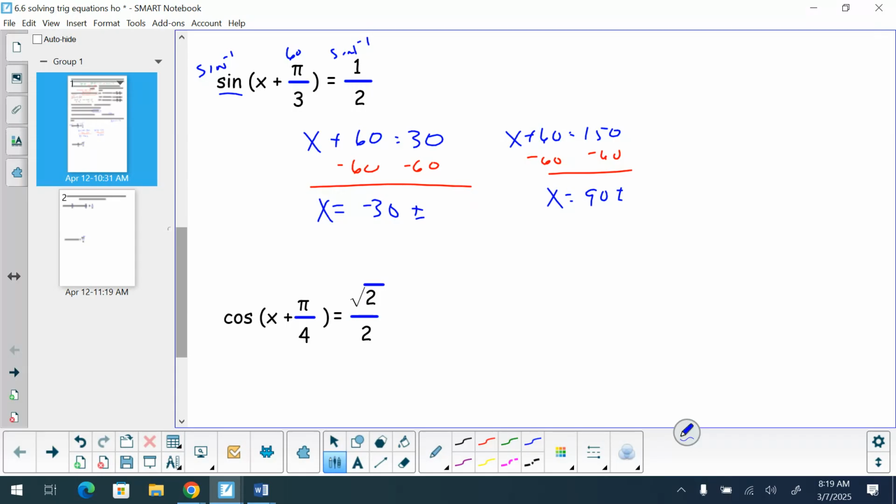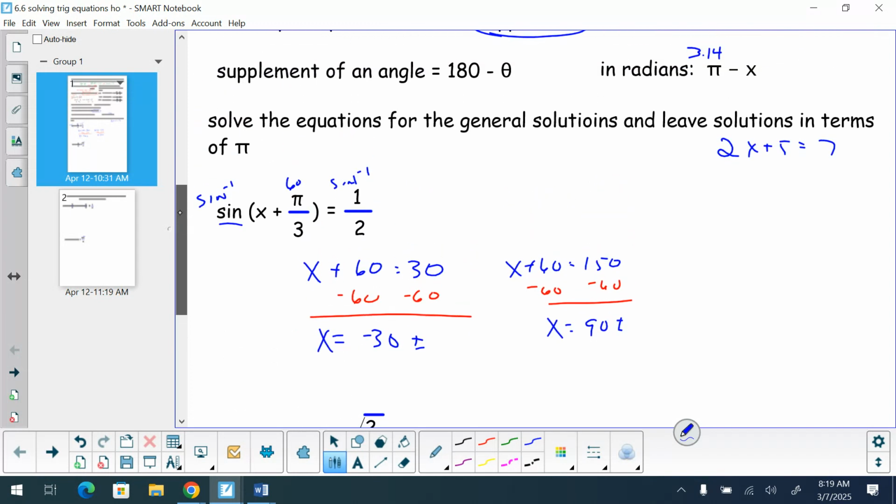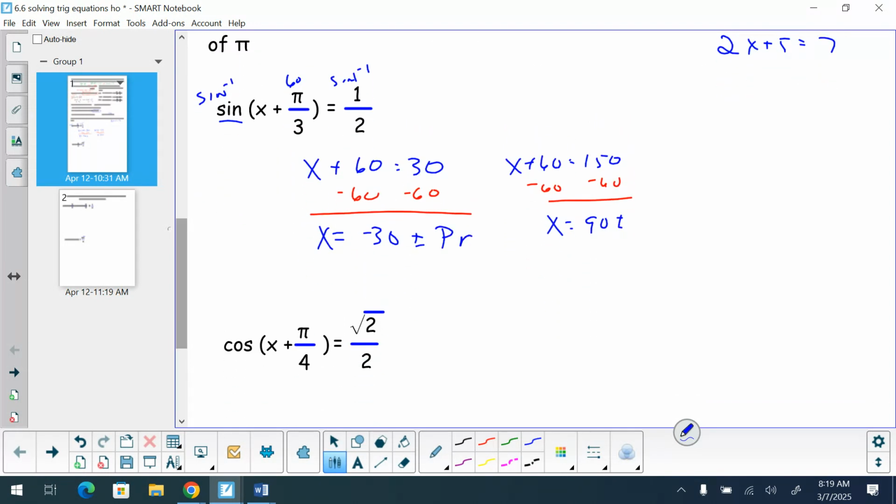Now do we remember what we added and subtracted to our solution? Anybody remember? Plus or minus the period, n. Our coefficient of x, and we're going to go back to our graphing.